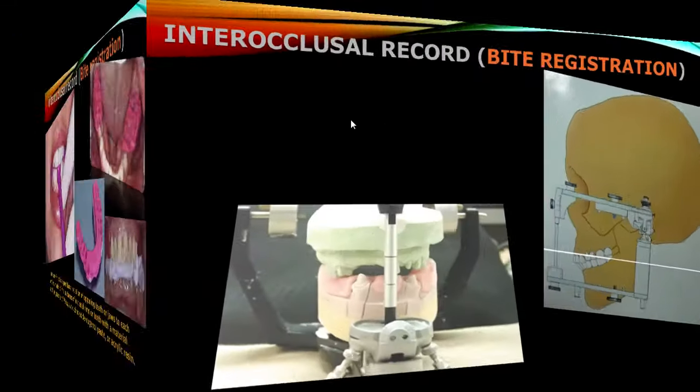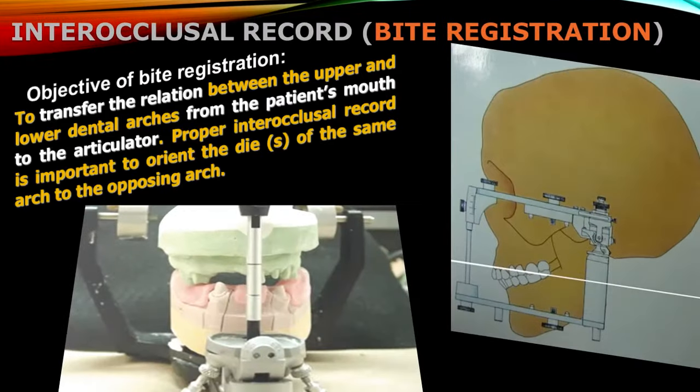The main objective of this record is to transfer عملية نقل العلاقة ما بين upper and the lower dental arch from the patient mouth ومن ثم نقلها إلى articulator.